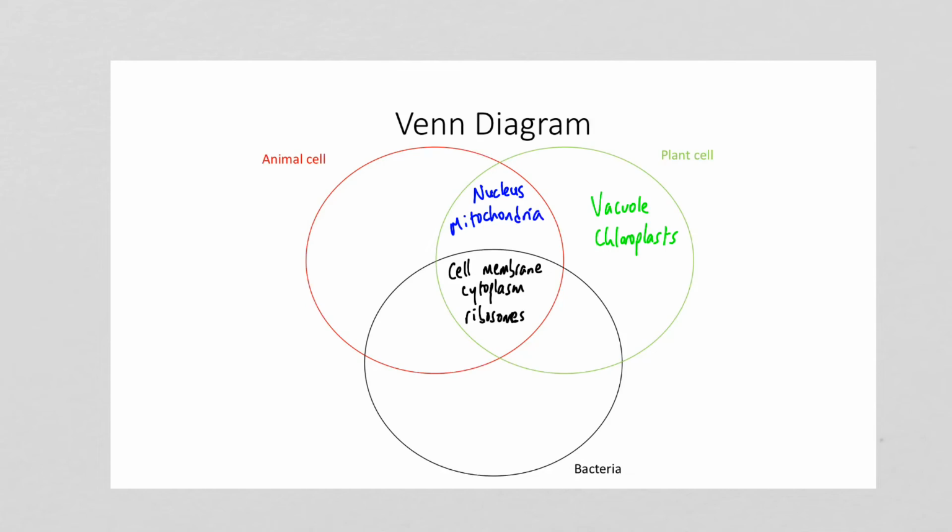And then the bacteria have two structures we need to know that the animal and plant cells don't. And those are the plasmid, those small rings of DNA, and the free-floating circular DNA.